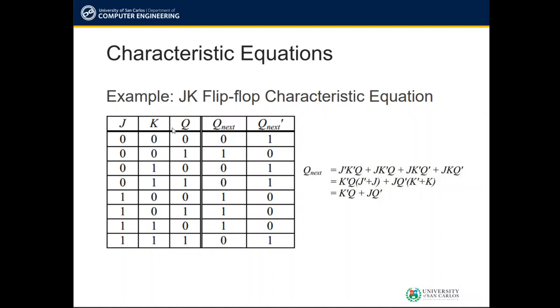Since we have 3 inputs, J, K, and Q, this is just the same. We will get the minterms and then get the SOP form for that. So this is 0, 0, 1, 0, 0, 1, 1, 0, 0, 1, 0, 1, 1, 1, 0.